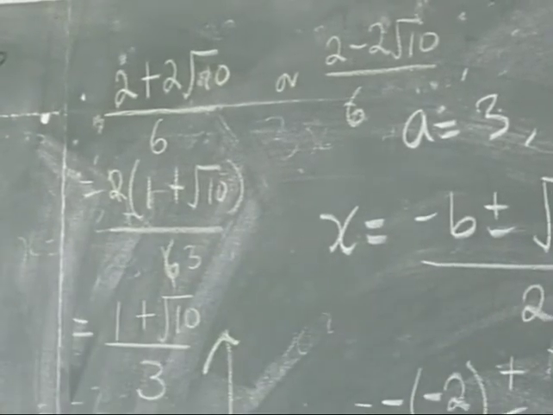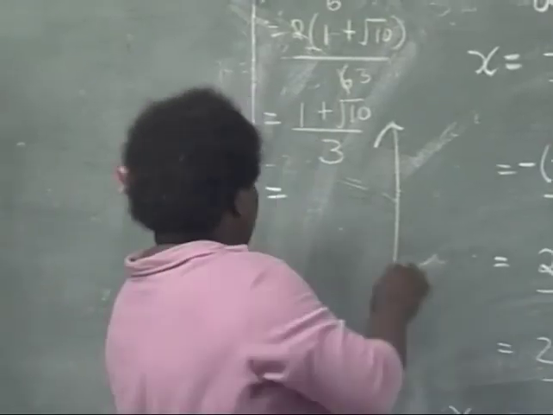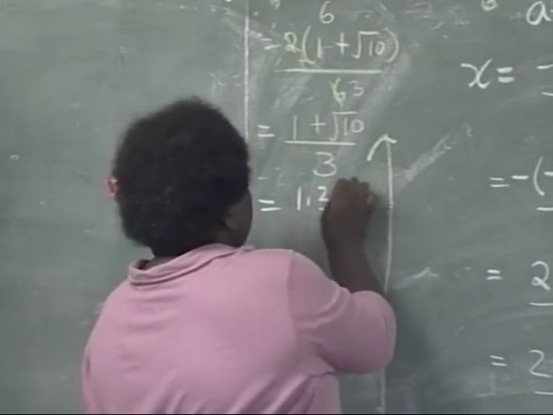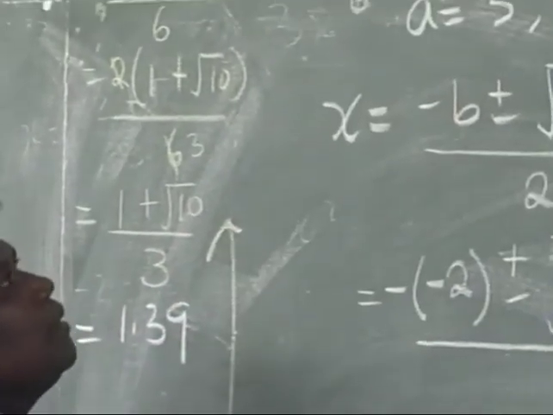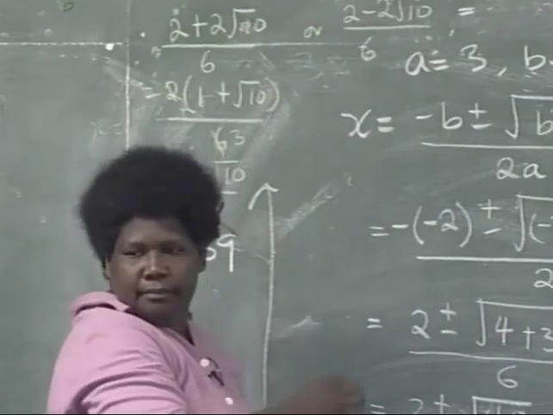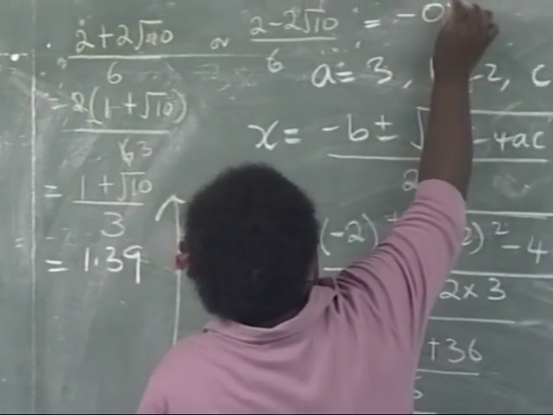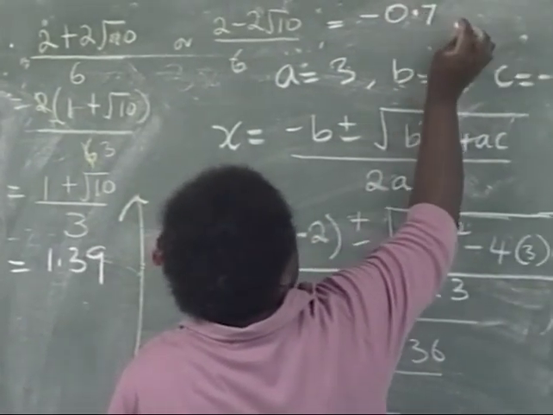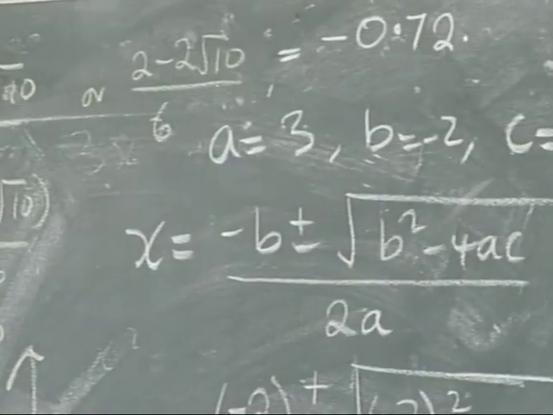One plus root 10 on 3 to 2 decimal places, quickly. 1.39. What about this one? To 2 decimal places. That's 1 minus root 10 on 3. Minus 0.72. Is it clear?